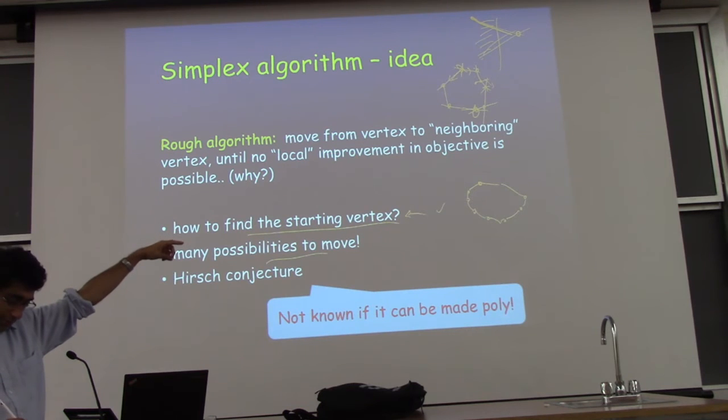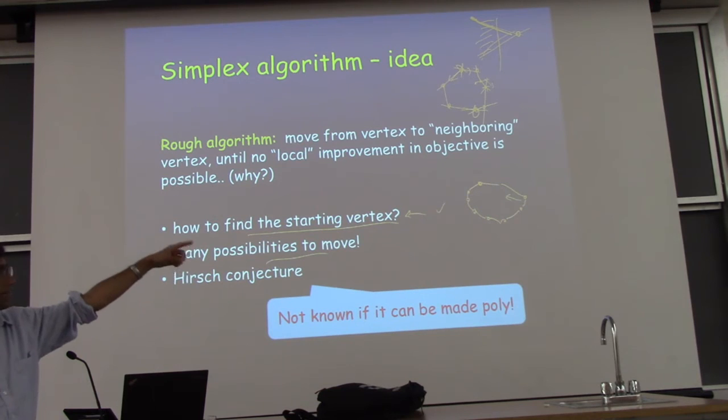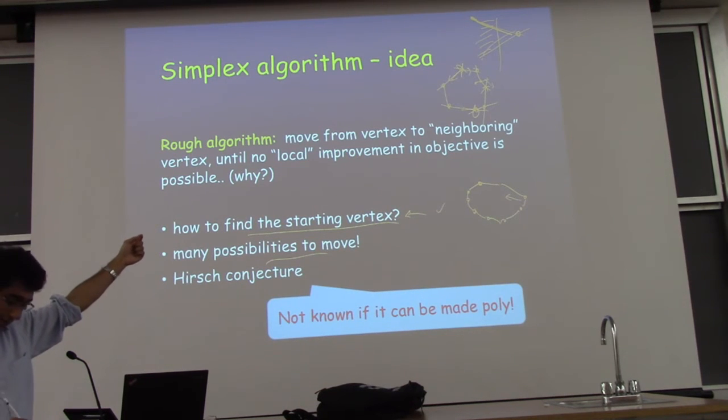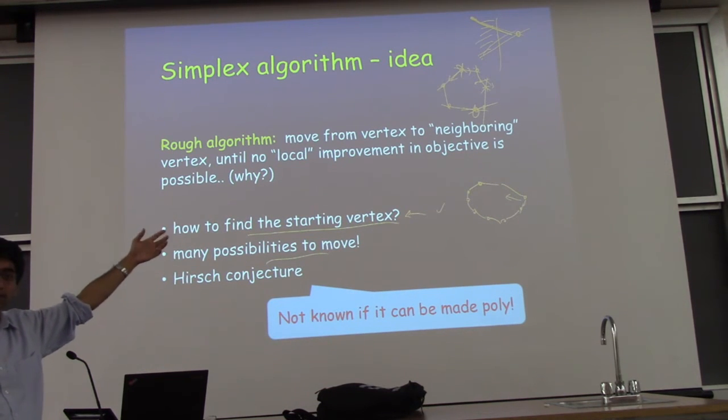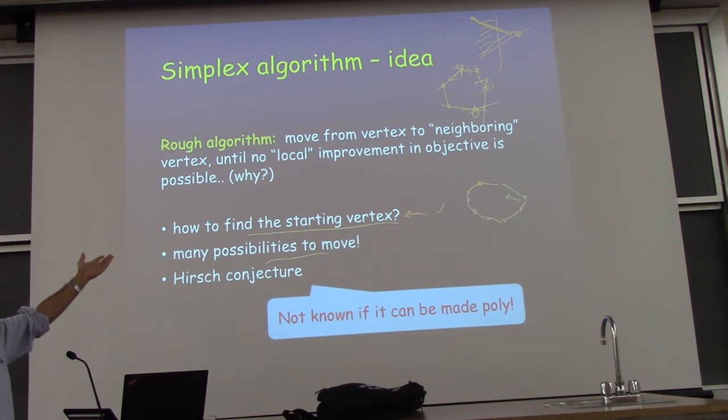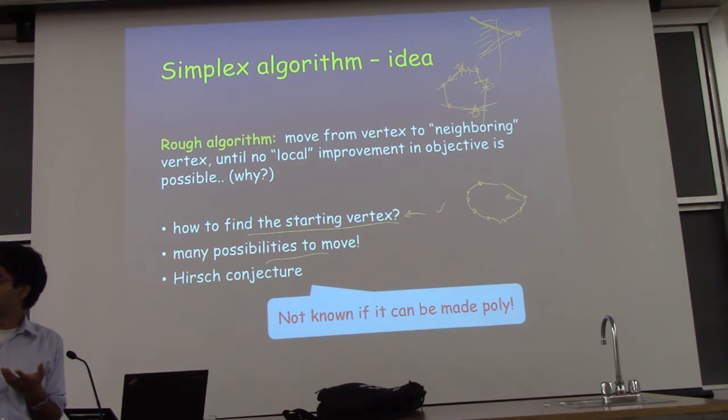Your objective function could be something where both these will improve, so you could end up taking a really long path. How you avoid that is an interesting research question. This is something that people study, and we don't know of very good ways of doing this.